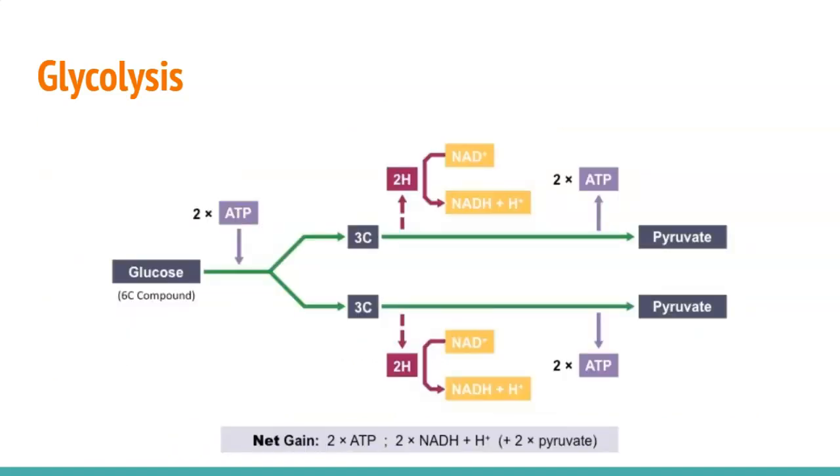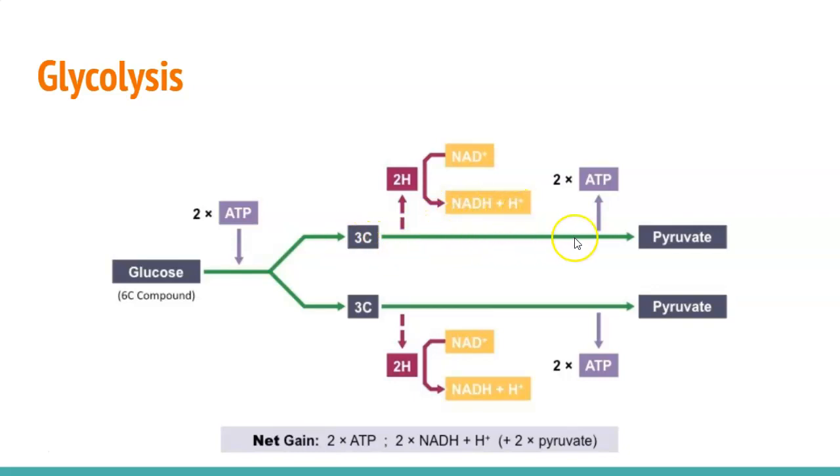Now, here we go. This is glycolysis in image form. Hopefully this helps explain what I was just talking about. So you have glucose, that's your starting compound. You introduce 2 ATP and you go through that phosphorylation. Once that's done, glucose breaks into 2 3C sugars. In here, you release some hydrogen ions, which allows NAD plus to turn into NADH. You get 1 NADH per 3 carbon sugar.